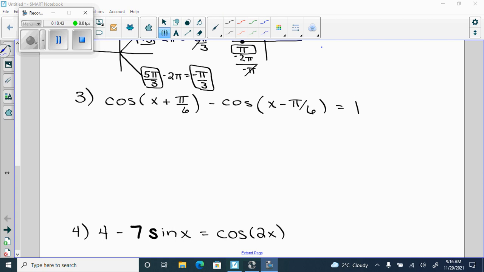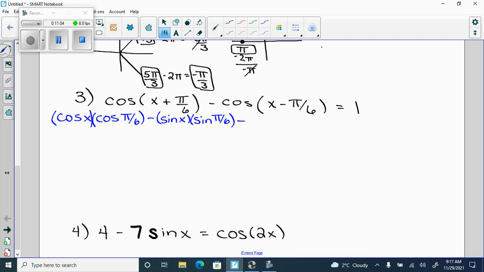So here we'd get cos x, cos pi over 6, and I always put them in brackets, just so I know they're separate, minus sine x, sine pi over 6. Now you have to remember, we're minusing this whole thing.